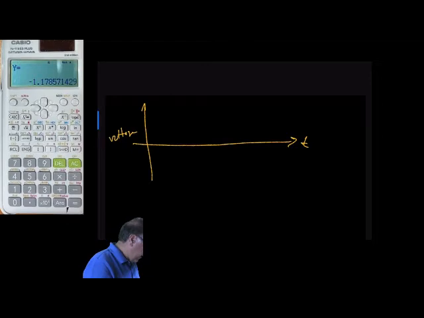If we were to sketch a cosine wave, it would look something like this. Here's 90 degrees, 180, 270. So it would look like something like this.